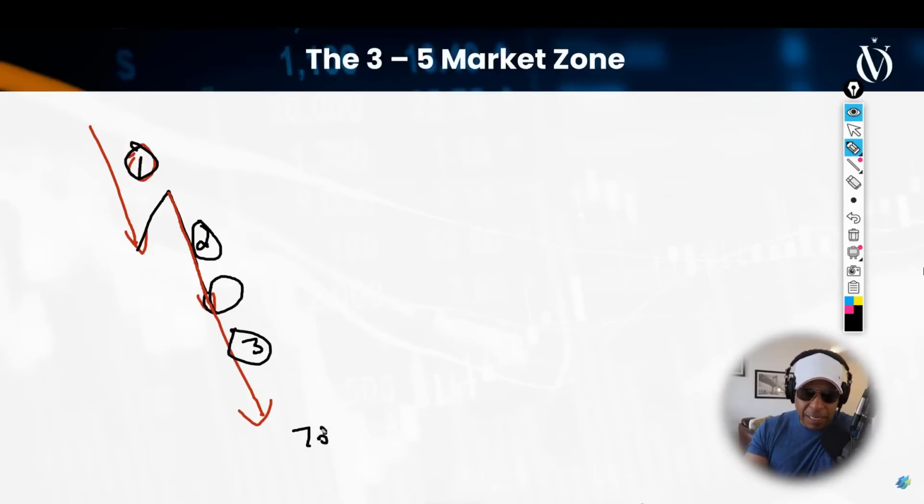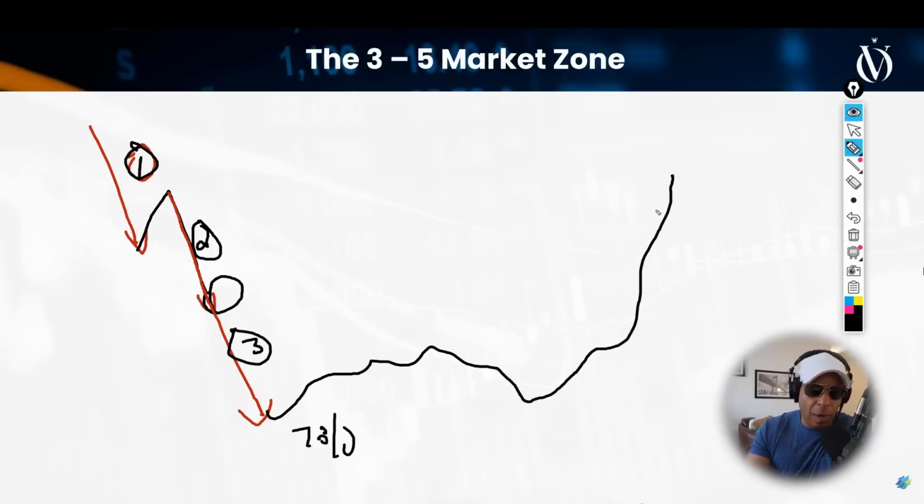Typically, 70% of the time, your turn's gonna happen in some way, or your change some way happens after the third leg. So just knowing how to read legs and pauses and being able to count to 3 to 5 can have you playing this concept like a freaking pro.